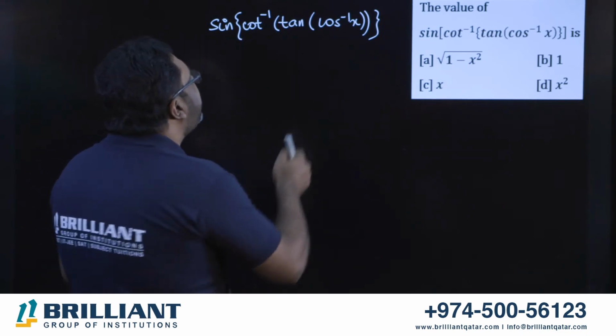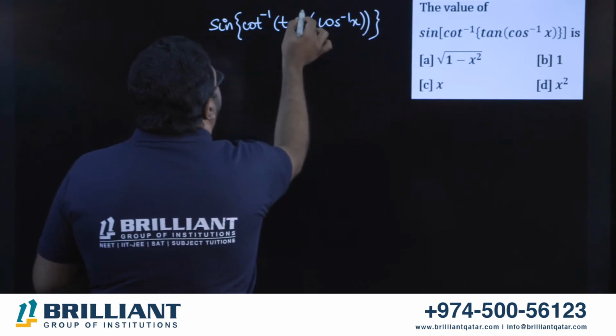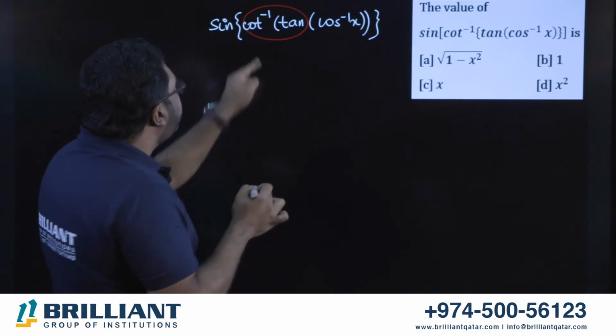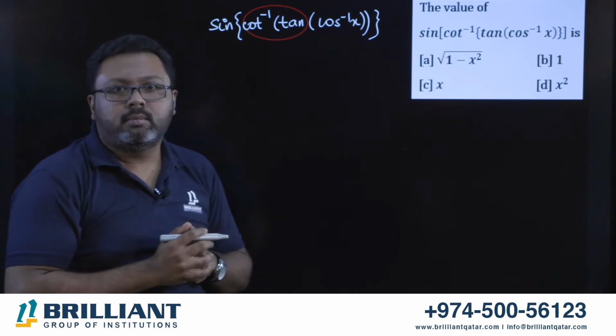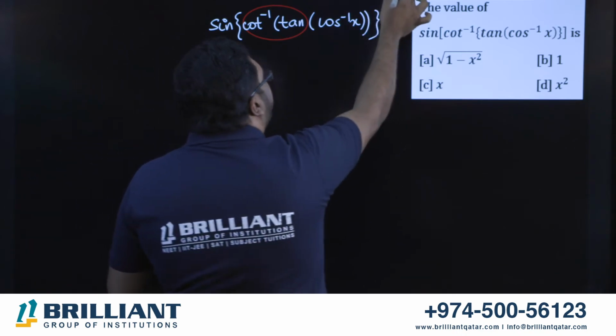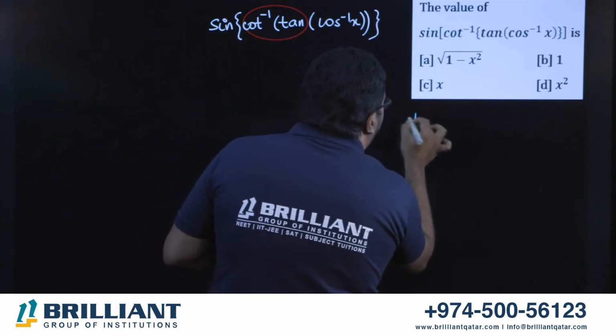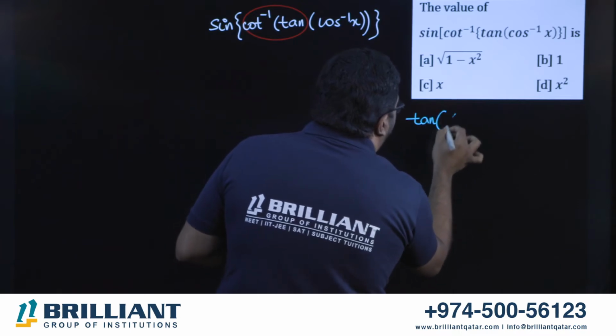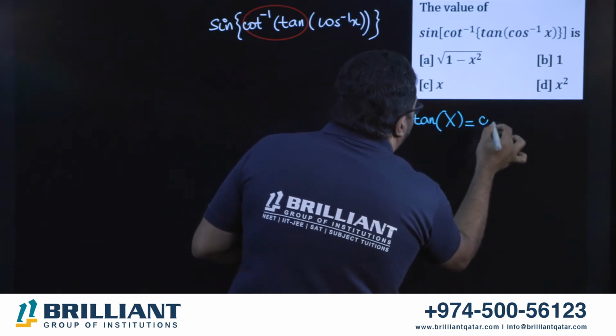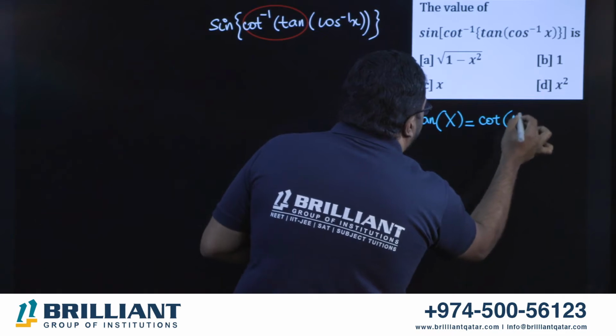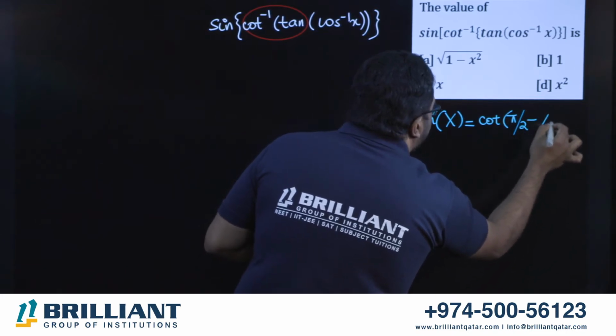But I have a very different approach here. I see that this is cot inverse and tan. And this is something which I already learned, that tan of x is cot of 90 minus x.